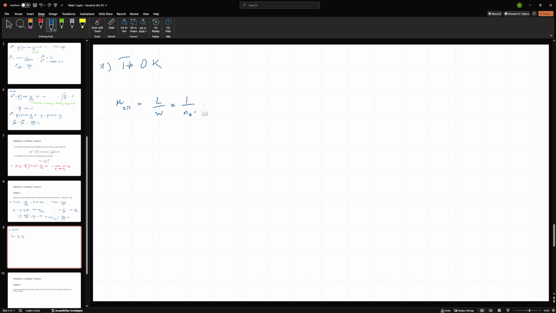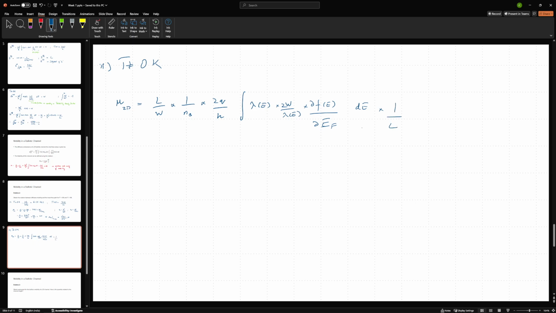I can cancel the q's out. 2q upon h integral. Now, of course, I cannot integrate the things away willy-nilly. So I will have lambda of e into 2w by lambda of e, times dE into 1 by L.